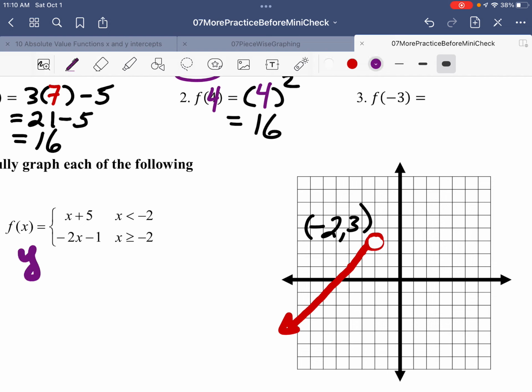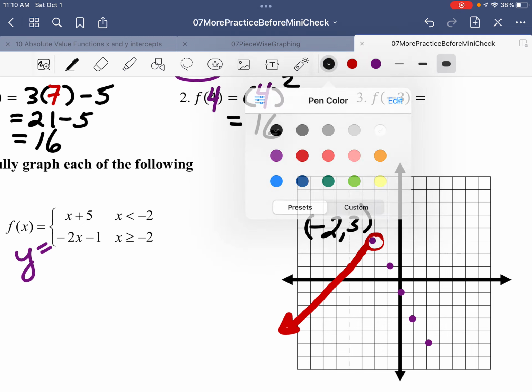How about this equation? Y equals negative 2x minus 1. Well, you always want to think about the full equation. It's going to start at negative 1. It's going to have a slope that goes down 2 and over 1. You should go backwards a few steps as you think about the slope of negative 2.